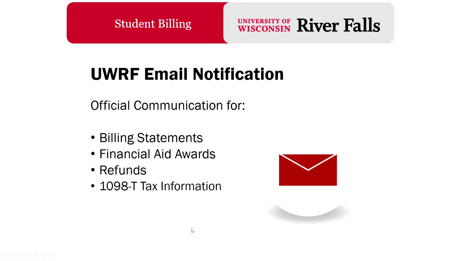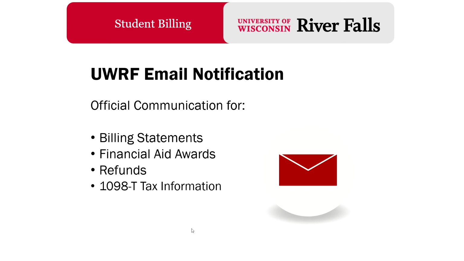The next item I'd like to talk about is UWRF email notifications. Email is our official communication with students, and all students now have a UWRF email account. It's where we will notify them that we have placed tuition on their account. Or if they have a financial aid award, they will get an email.